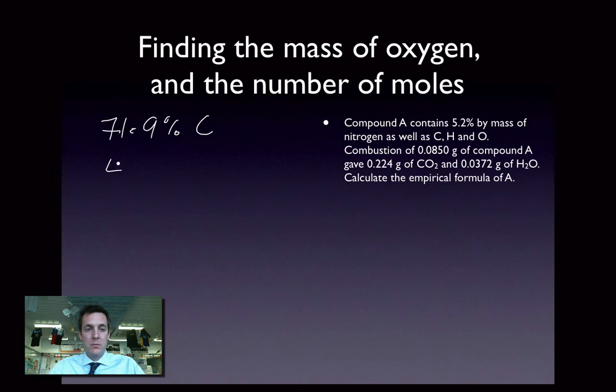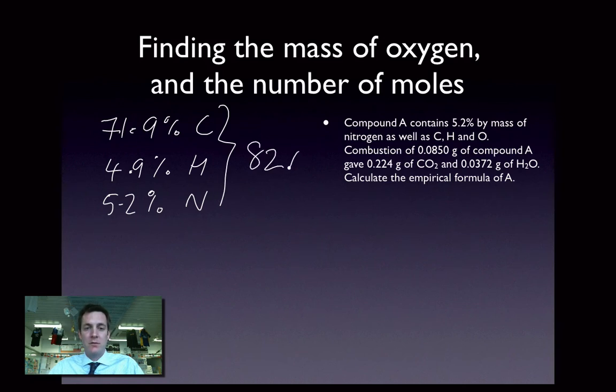We've got 4.9% hydrogen, and we've got 5.2% nitrogen. We didn't have to figure that out because the question told us it. So if we add those up, we've got a grand total of 82%. So that tells us that our oxygen must be 100 minus 82%, which equals 18%.